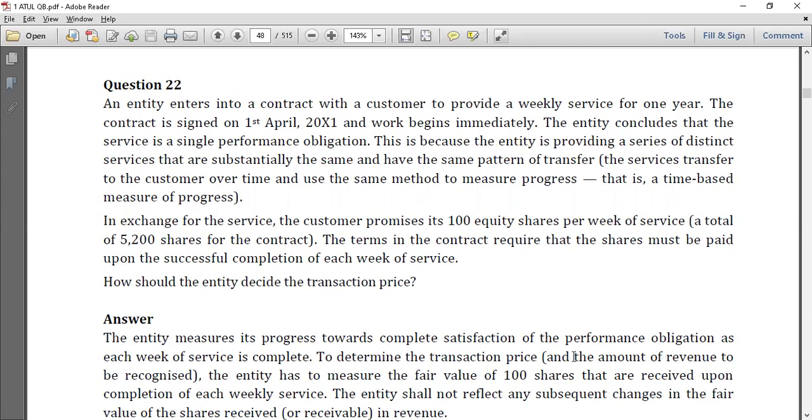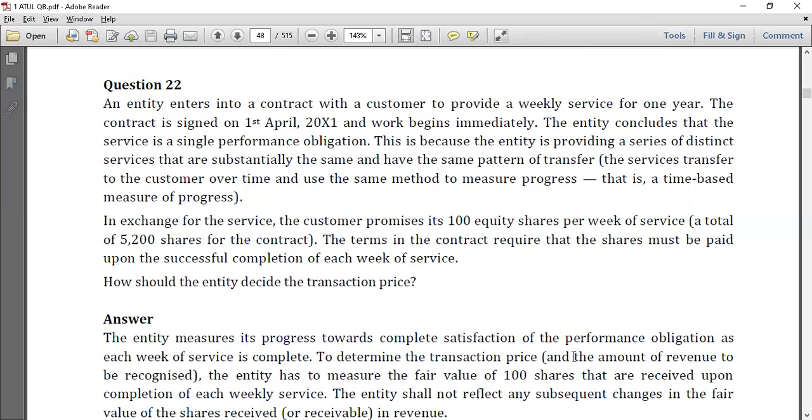So here, it has the same pattern of transfer also, that is, the services transfer to the customer over time and use the same method to measure progress also. So this is a time-based measure of progress, you can say. In exchange for the service given by the entity, the customer is promising to give 100 equity shares.